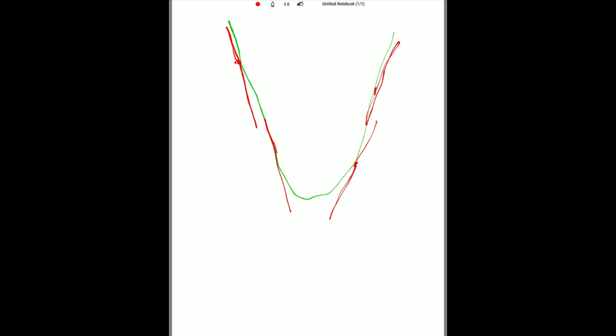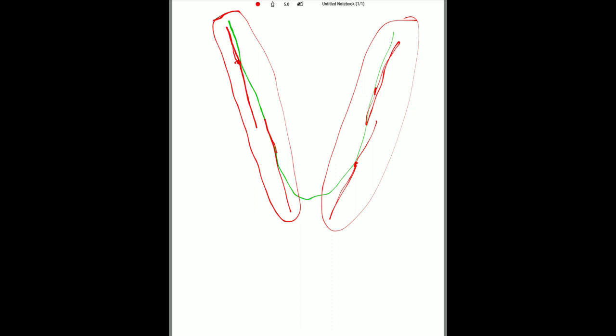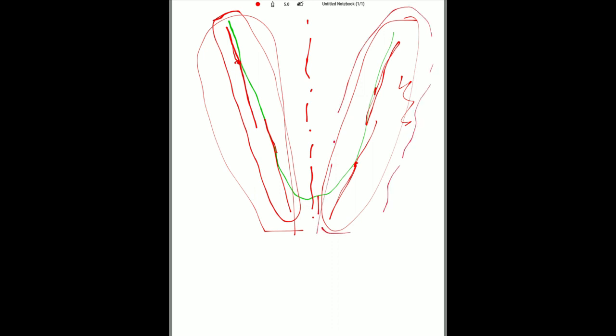Now if you look here, you notice that the gradients of the tangents on this side are negative, and the gradients of the tangents on this side here are positive. What that is implying to us is that, if we split this curve in two, for every value of x on this side of the curve, the function is decreasing, and for every value of x on this side of the curve, the function is increasing.